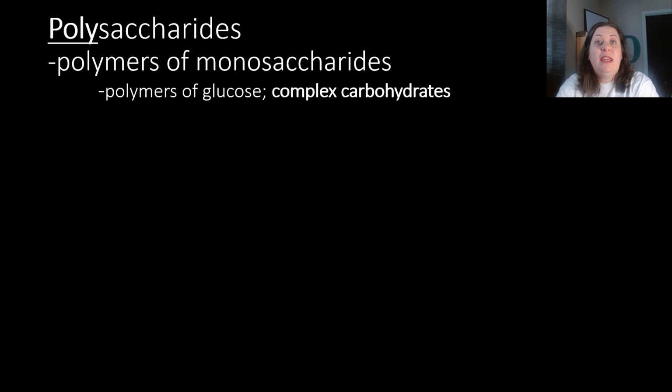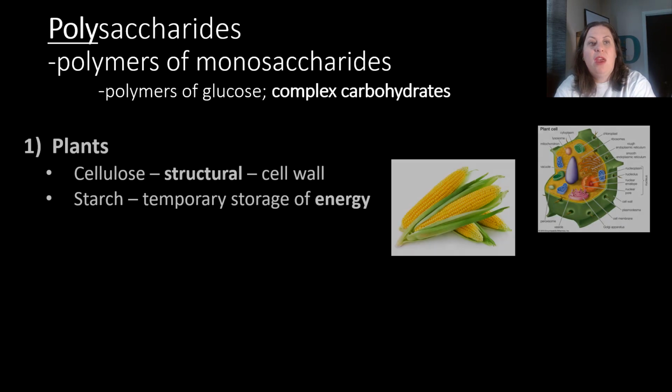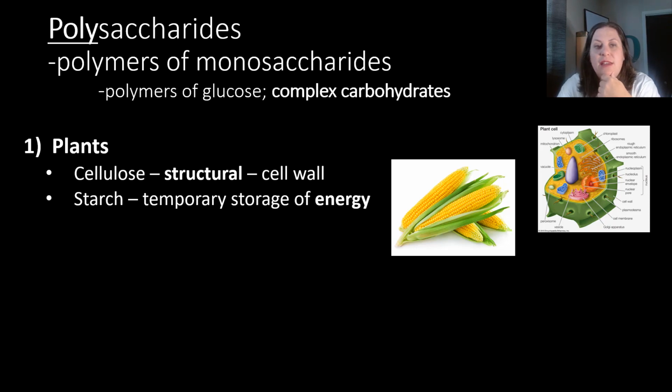Polysaccharides are going to be the polymers of a bunch of monosaccharides put together, and these are very complex sugars. And guys, this could be thousands of glucoses bonded together and things like that. In plants, there are 2 types of polysaccharides that are present. One is cellulose, and cellulose is a structural type of sugar. It's what the cell walls of plants are made out of.